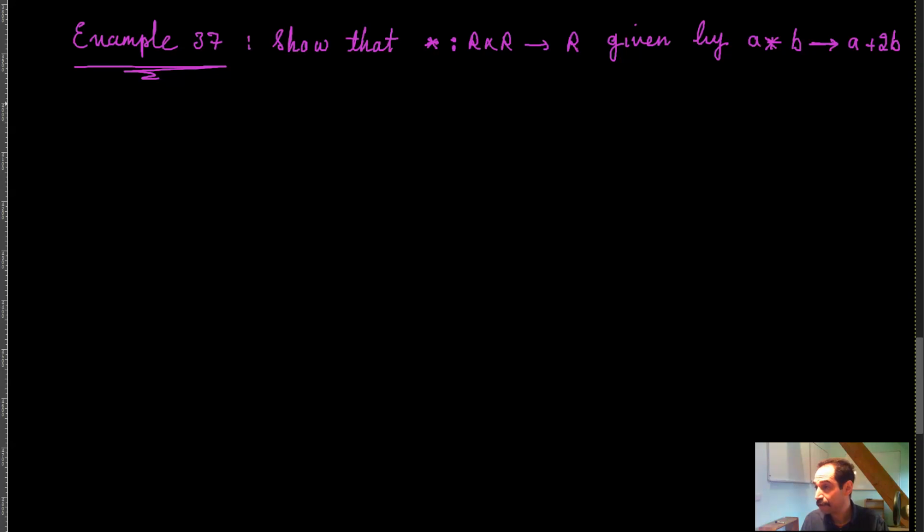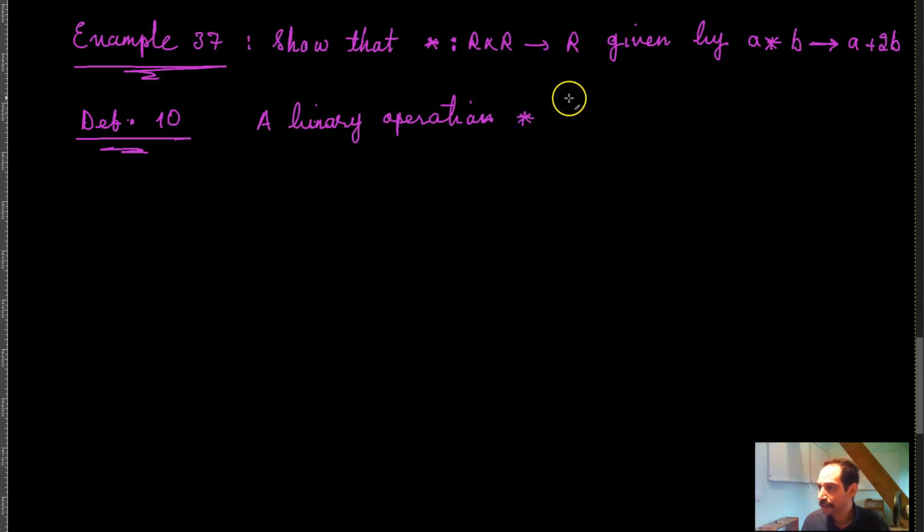Let me give you the definition here from the very beginning. Definition number 10: we said that a binary operation star on a set A is a function.